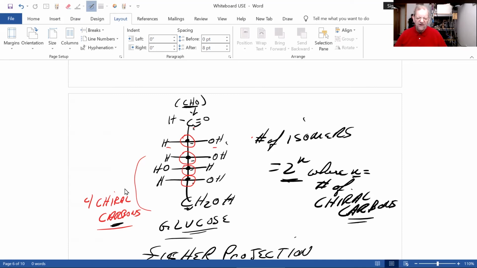So for glucose, n is 4, so 2 to the 4th is 16. There's 16 possible isomers that could exist for this molecule.